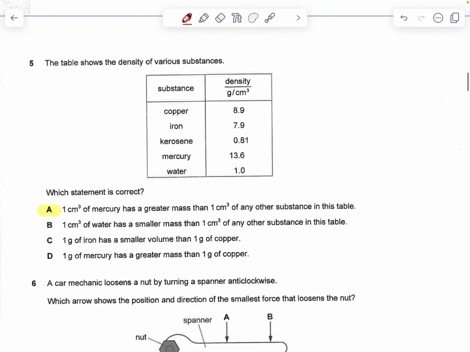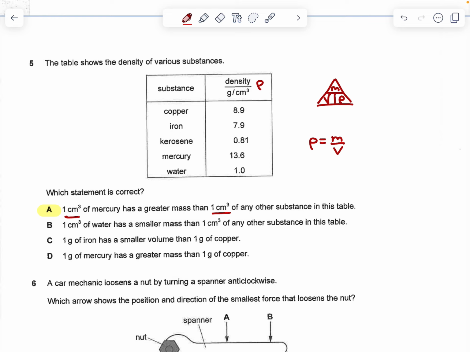Question 5. The table shows the density of various substances. Which statement is correct? So let's go to the triangle MVP, mass, volume, density. We know that density is equal to mass over volume. In statement 1, 1 centimeter cube, which is the volume of mercury, has a greater mass than 1 centimeter cube of any other substance.